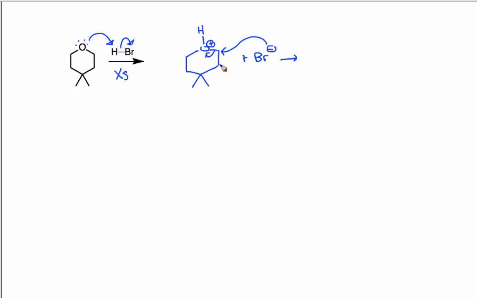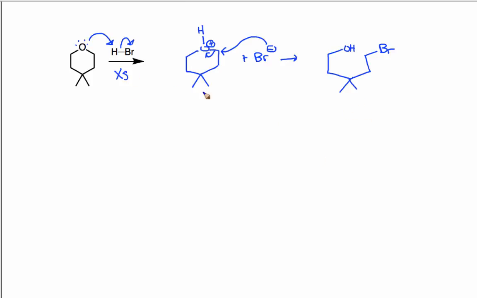So this step actually breaks our ring. So now I have a bromine attached there. And over here, I just have my OH group that came off.